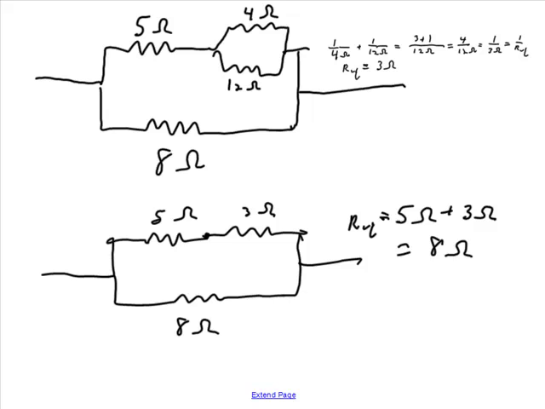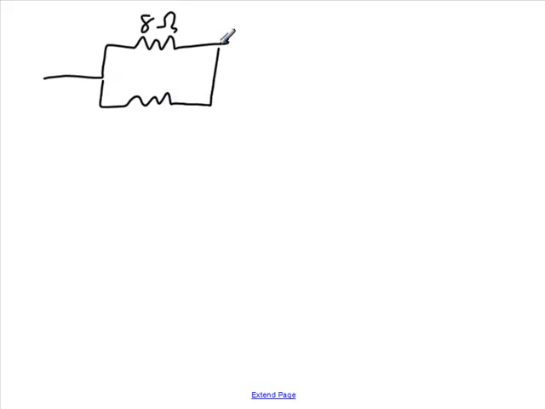So I'm going to go to a new page and I'm going to redraw this. Now I've got 8 ohms on the top, got 8 ohms on the bottom. They begin and end at the same place.